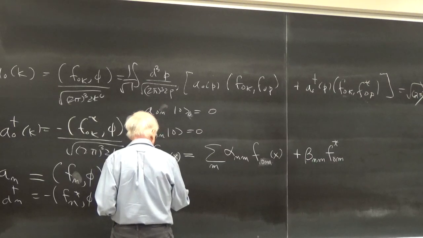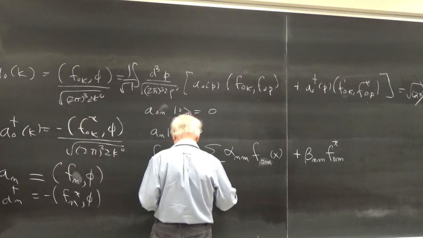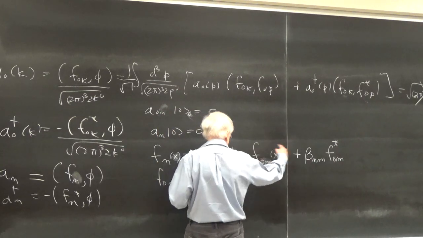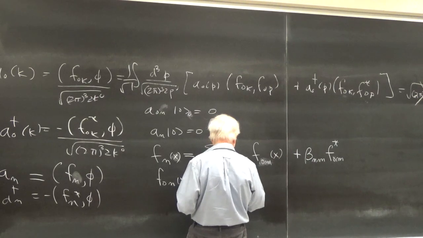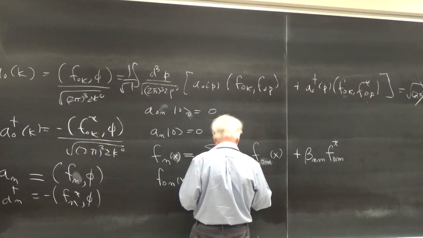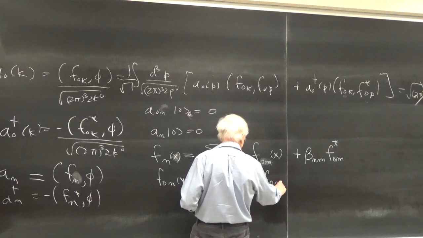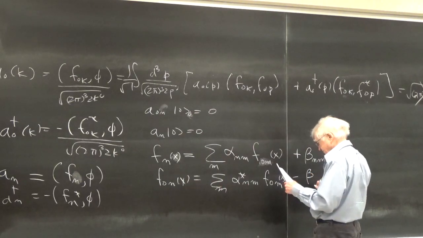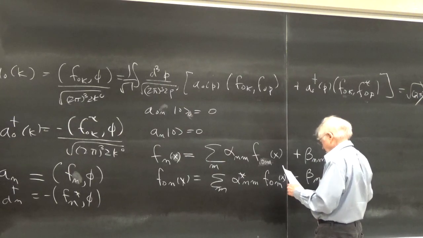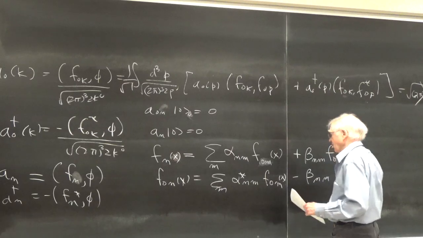We can say that F0n of x is a sum on M. And now it turns out that consistency requires that this be NM F0m of x minus beta NM Fm star.